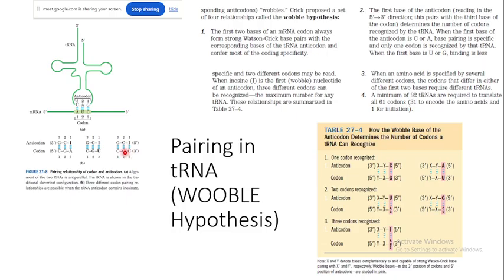But if there is any difference in the first or second position of the codon, then they will require a different tRNA. If the difference is only in the third nucleotide of the codon, which can base pair with the first nucleotide, the wobble nucleotide of the anticodon, then you can use the same tRNA. But if the difference is in the first two nucleotides, it will require a different tRNA.